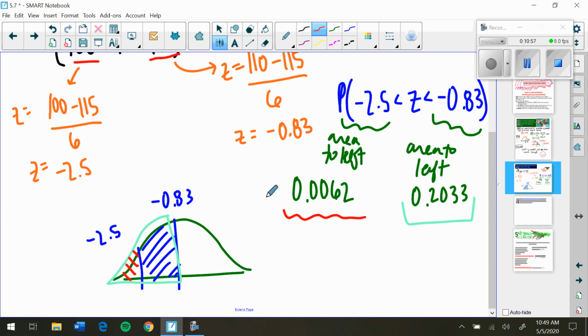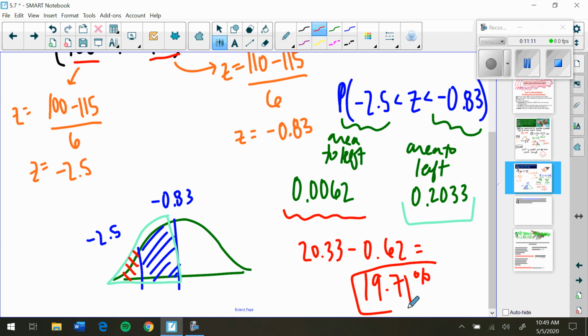So if I want to get the blue, I'm going to take 20.33% minus 0.62% to get a final answer of 19.71% of Nadal's first serves are between 100 and 110 miles per hour. Nice job.